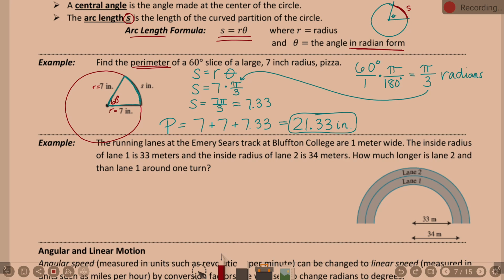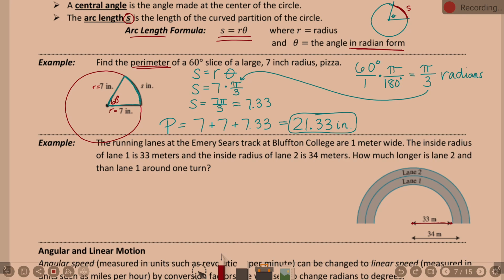And then when they say the inside radius of lane 1 is 33 meters, they're saying if you think of this as a circle, this is a part of a circle. So here's the center of your circle. From the center of the circle over to the inside of lane 1 is 33 meters.